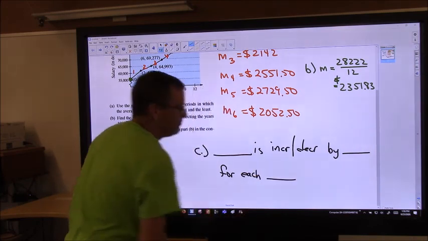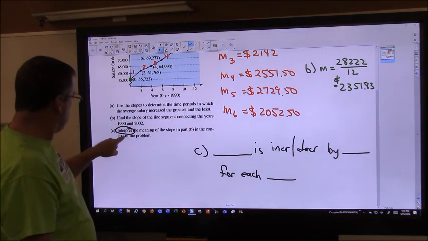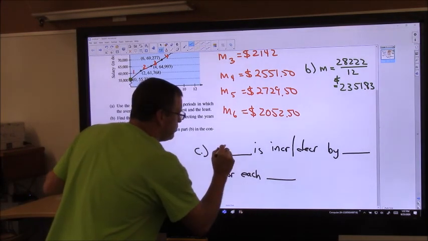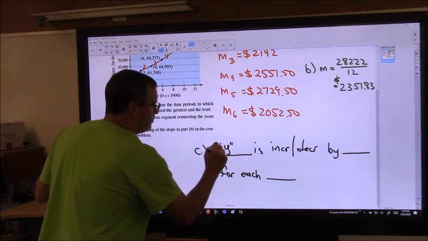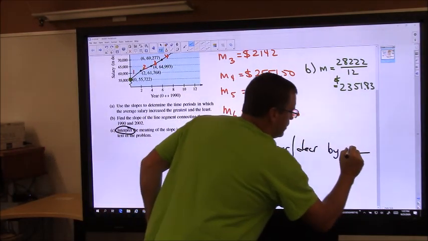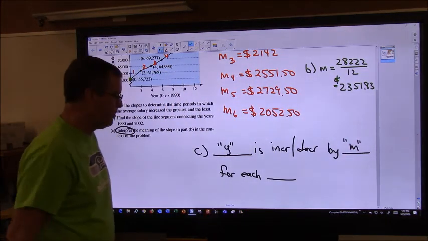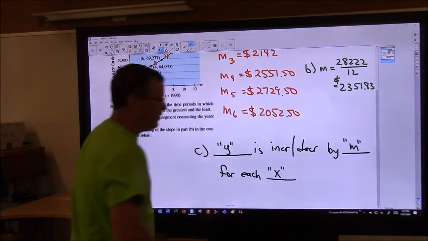each of something else. So when they say in the context of the problem, what it means is what's your y value referring to? And over here, this is your slope. What is the slope? And this is your x value. What is it referring to?